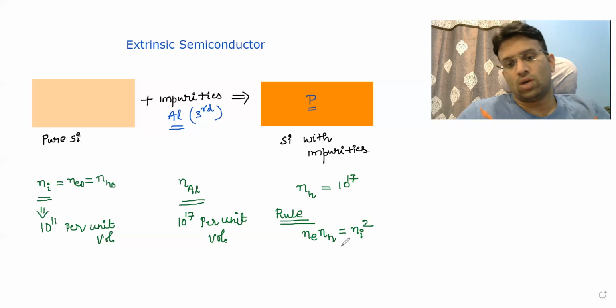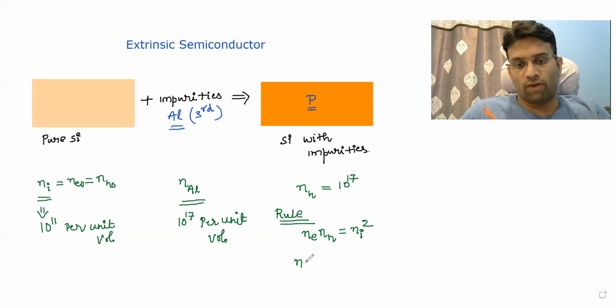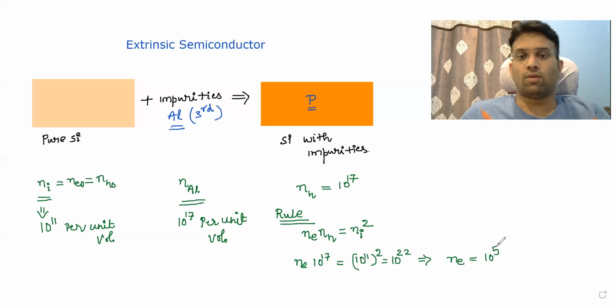So in this case, the final number of electrons, let it be Ne. The number of holes we know, which is equal to the number of impurities, that is 10 power 17. Ni square is 10 power 22, as you know. The simple calculation reveals that the number of electrons is now 10 power 5 per unit volume.